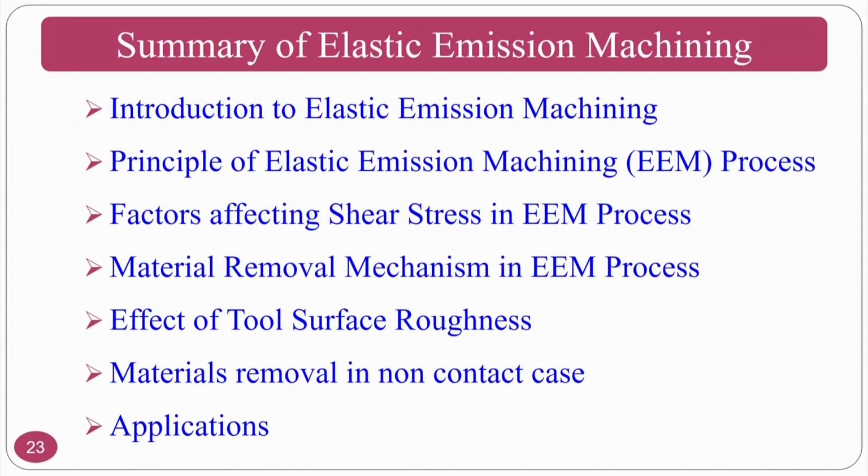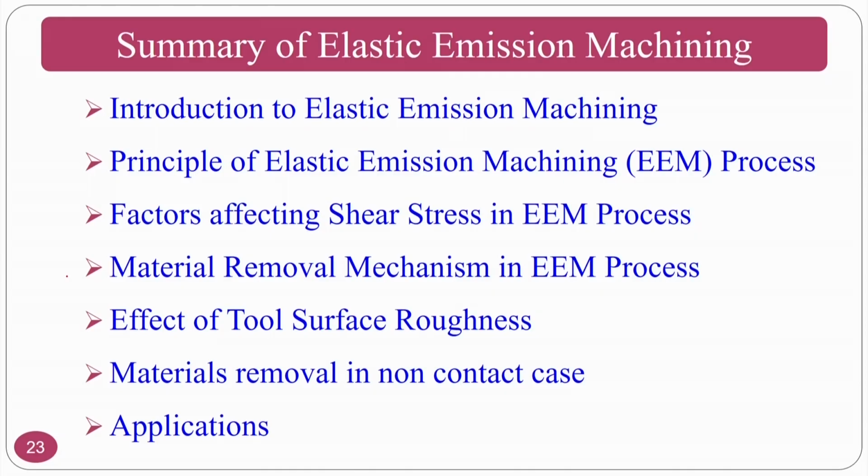Okay. So, we will see the summary of this class. We have done an introduction to elastic emission machining, then we have seen the principle, and what the factors affecting it are: the tool factors, the input parameters, the workpiece parameters, and the slurry characteristics. We have also seen how the material removal takes place.